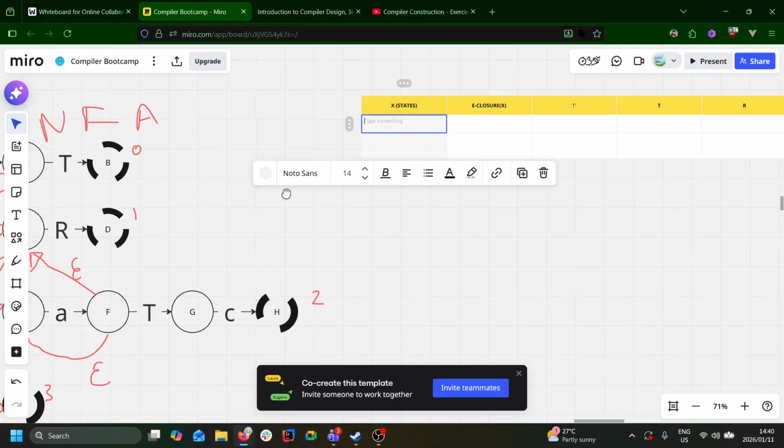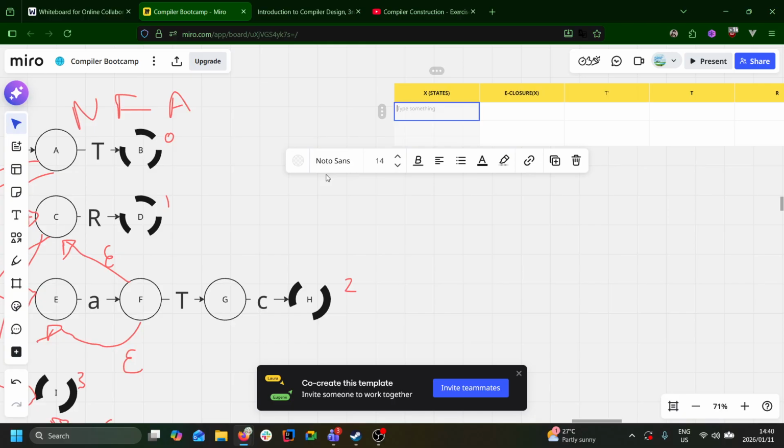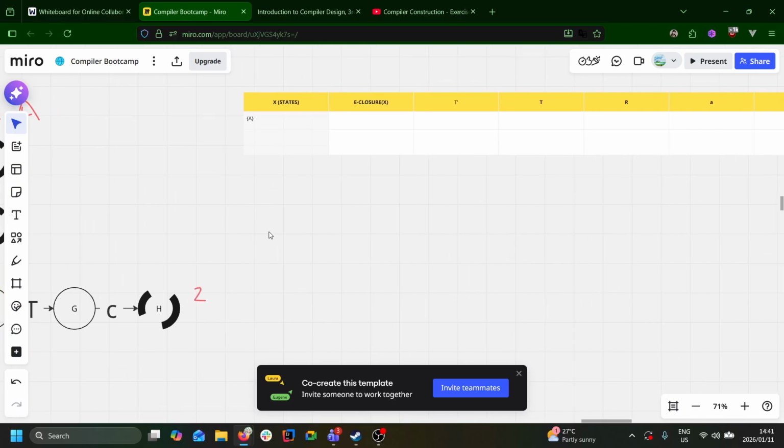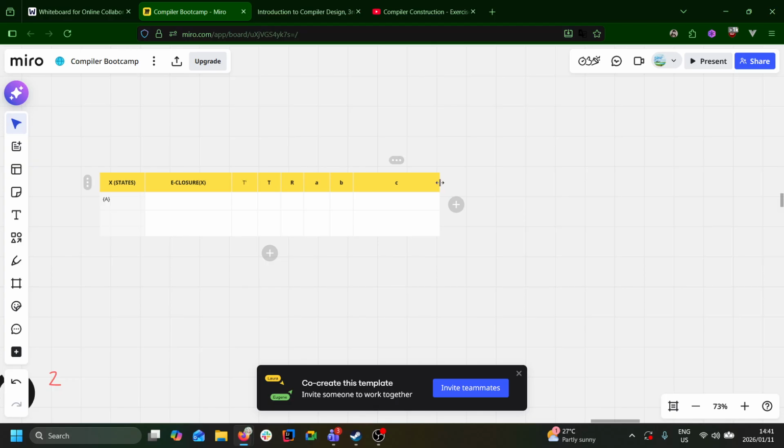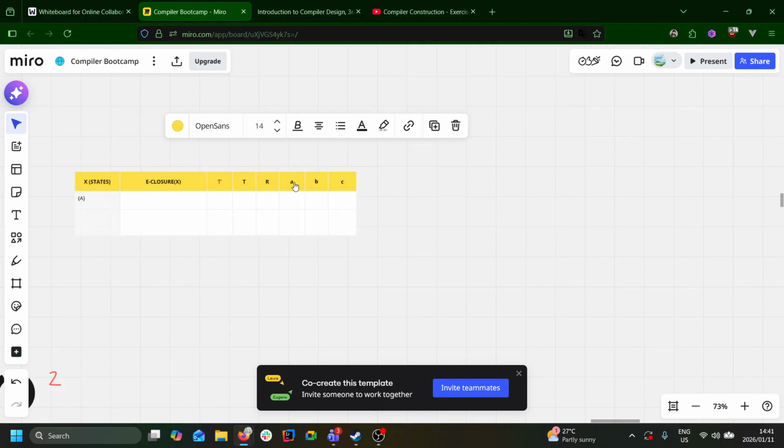To demonstrate this, the first thing you do is you select your start state, which is A over here. So you're going to start with A initially, and then once you have A, you're going to perform an E closure. Let me just resize this since I don't think it needs to be that big.